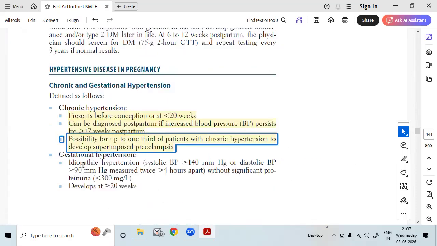Gestational hypertension, idiopathic hypertension: systolic blood pressure more than or equal to 140 or diastolic blood pressure more than or equal to 90 measured twice, more than 4 hours apart, without significant proteinuria, less than 300 milligrams per liter.